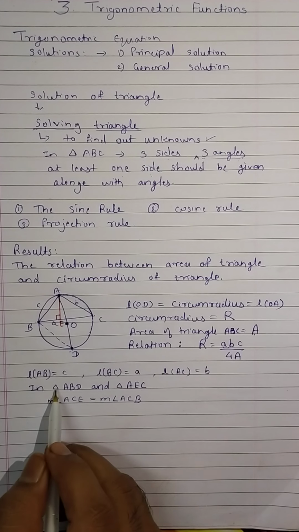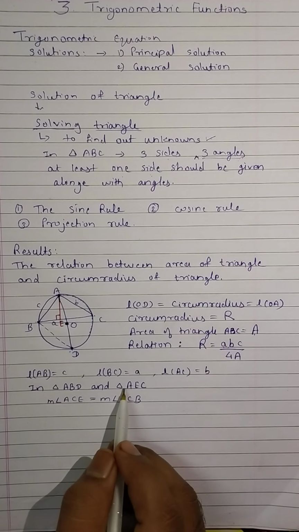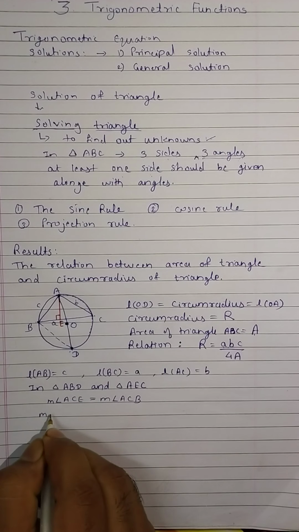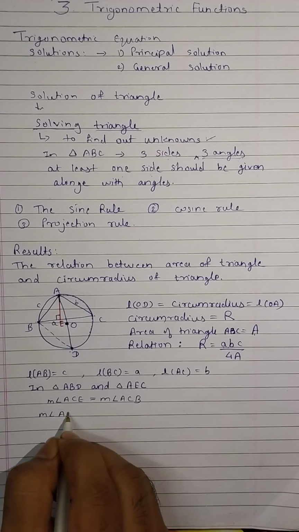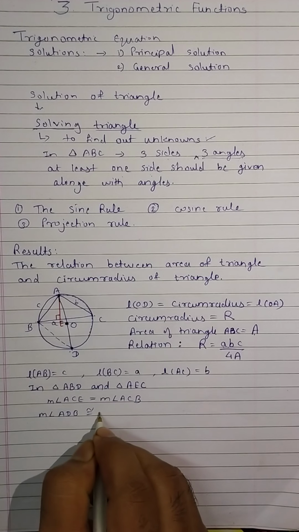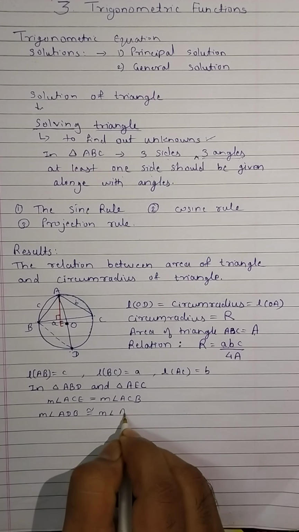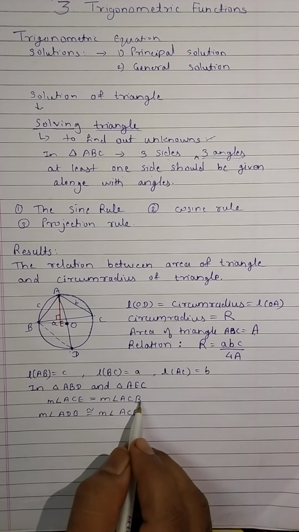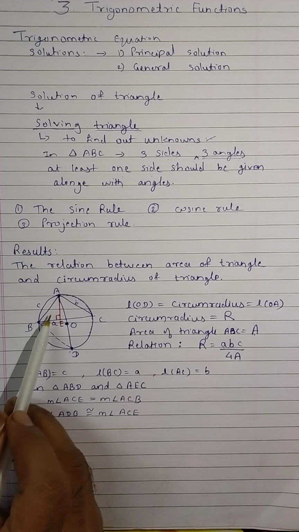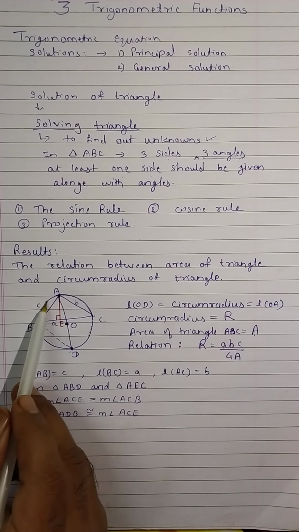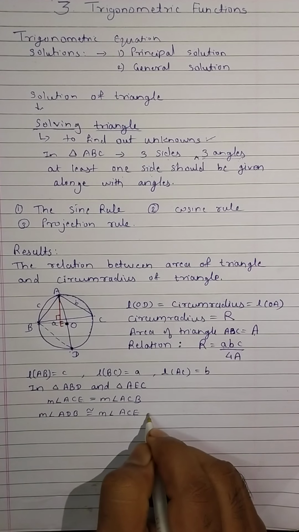Now look into triangle ABD and triangle AEC: measure of angle ADB is congruent to measure of angle ACE. I'll write angle ACE instead of ACB. Now what is the reason? Both the angles are subtended by the same arc AB. So we'll write the reason over here.